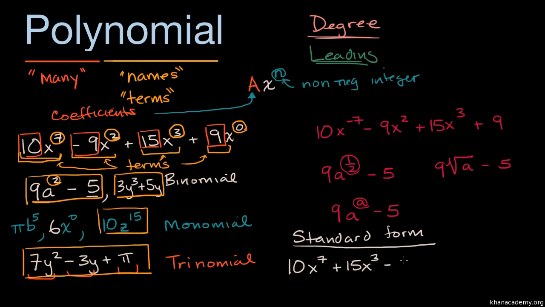Then negative 9x squared is the next highest degree term. And then the lowest degree term here is plus 9 or plus 9x to the 0. Now this is in standard form. I've written the terms in order of decreasing degree with the highest degree first. And here it's clear that your leading term is 10x to the 7th, because it's the first one. And our leading coefficient here is the number 10.